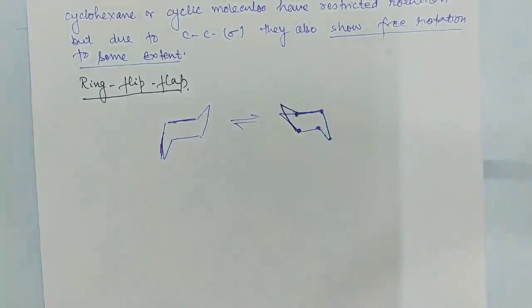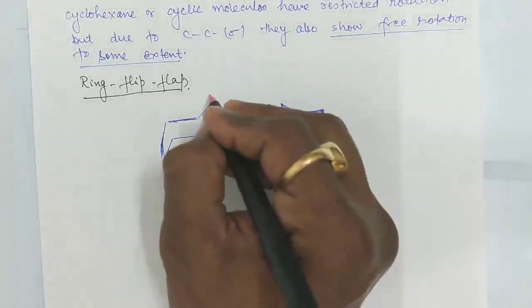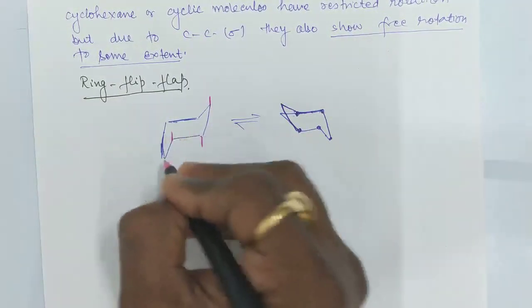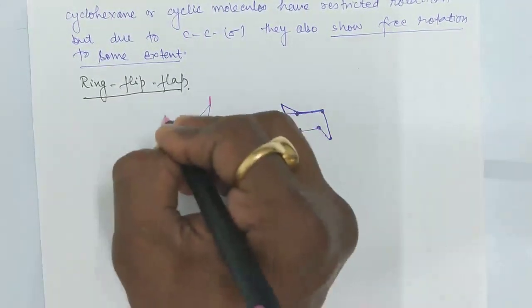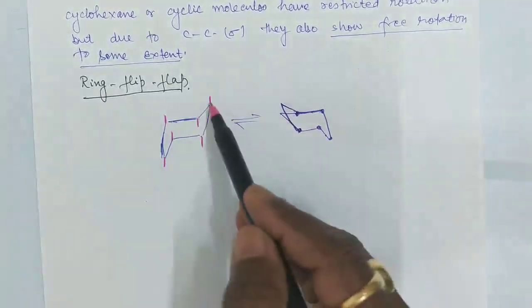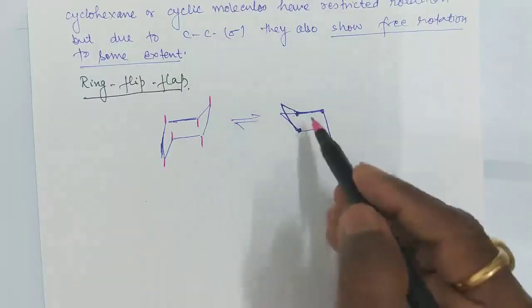What changes are taking place? See, if this is axial, this is axial, this is axial, and this is axial. Remember, every axial bond is alternate.